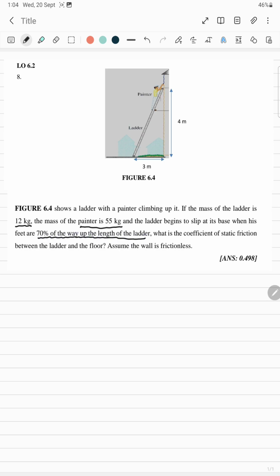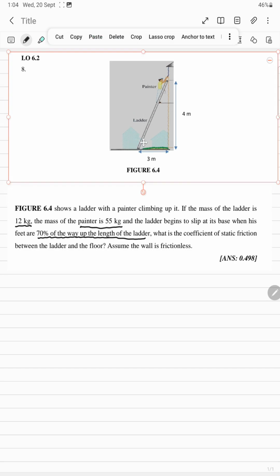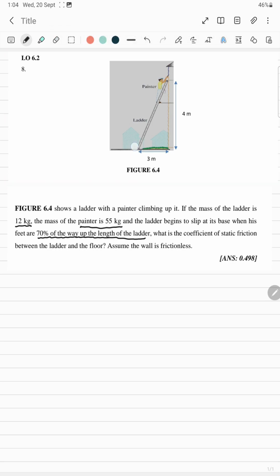The length of the ladder is not given, but if we refer to the question, the base is 3 meters and the height is 4 meters, so we will understand that the length of the ladder will be 5 meters.